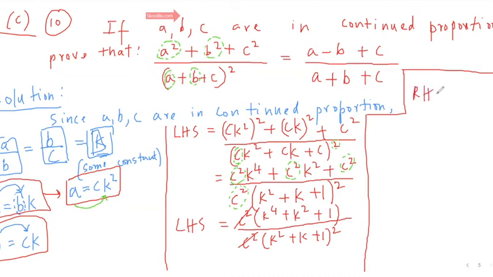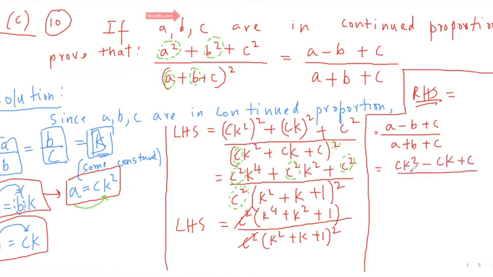So we'll take the right hand side now. The right hand side is a minus b plus c by a plus b plus c. We'll try and prove that it's equal to the same result, right? Again, substitute. Instead of a, you get ck squared, minus b, that's ck, plus c, by a plus b plus c, which is ck squared plus ck plus c.